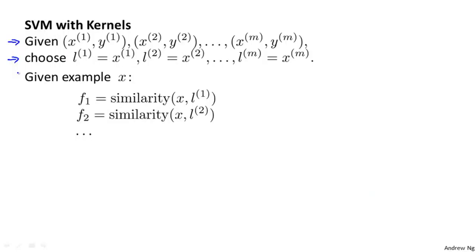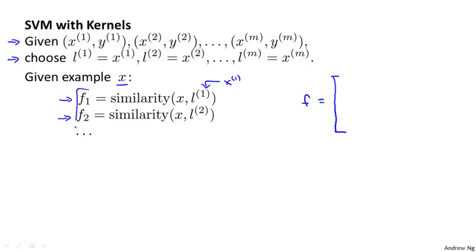When you're given an example x, and this example x can be something in the training set, it can be something in the cross-validation set, or it can be something in the test set, I'm going to compute these features as so, f1, f2, and so on, where L1 is actually equal to x1, and so on. And these then give me a feature vector, so let me write f as a feature vector.